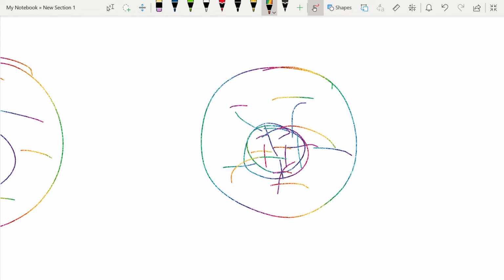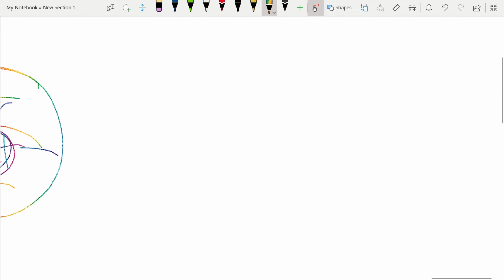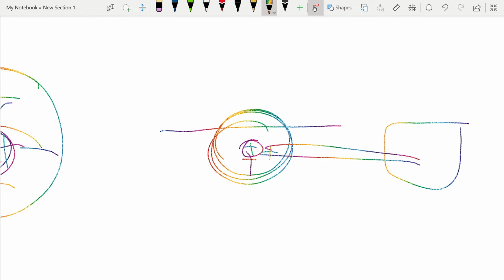So what he did was another experiment. He had an atom, and he had a nucleus in the middle. What he tried to do was to take out the other particle in the nucleus.